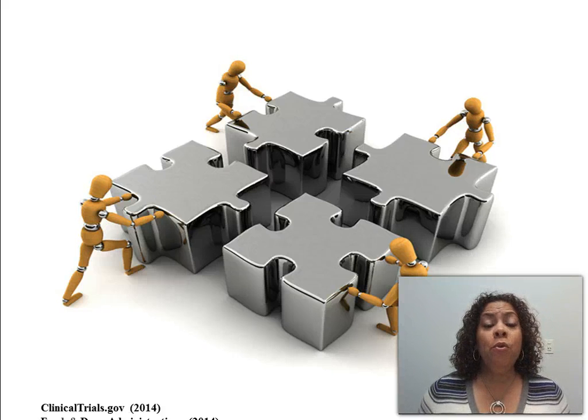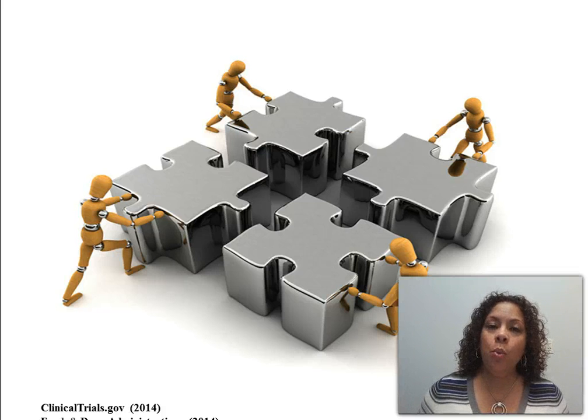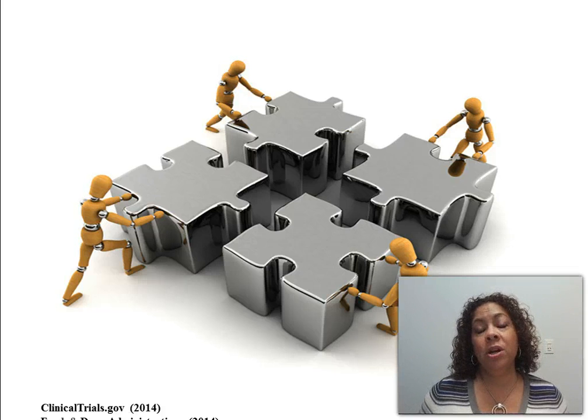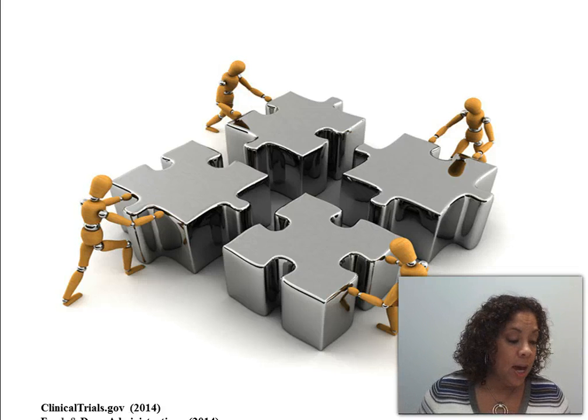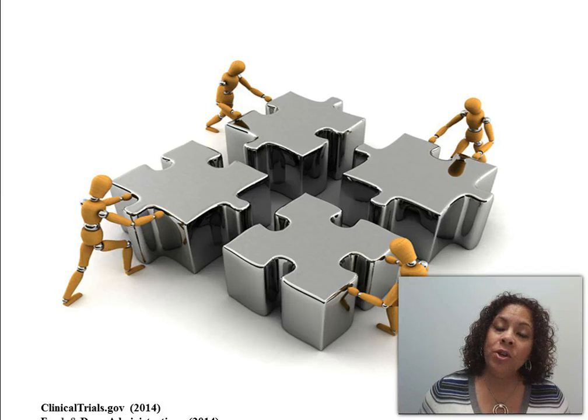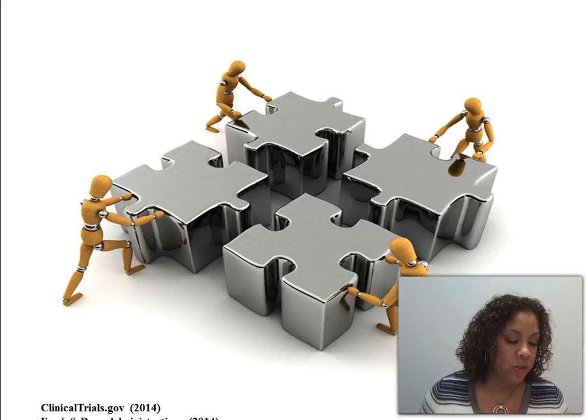So before you can even begin to think about testing a drug, you have to know what it is you are looking to answer. So you have to have a clinical question to answer. And to determine how you're going to do that, you need to have what's called a study design or a clinical trial study design. Sometimes those phrases are used interchangeably.